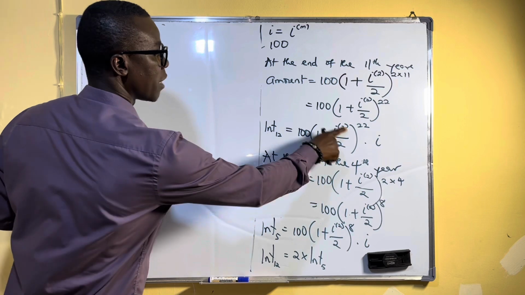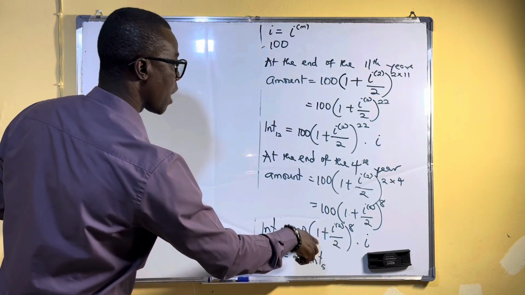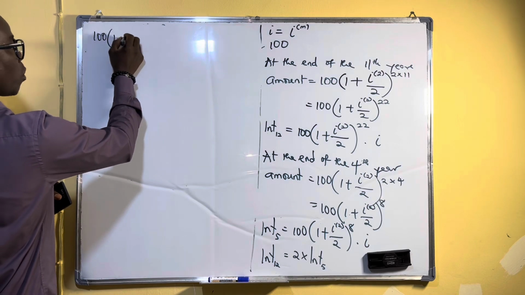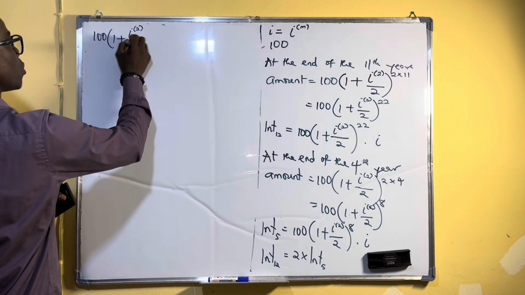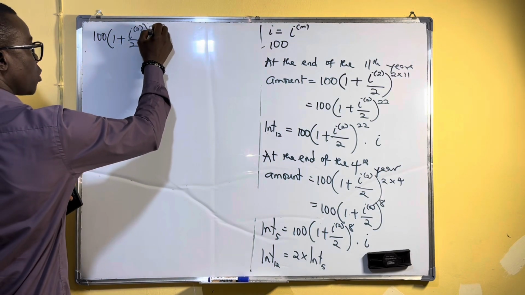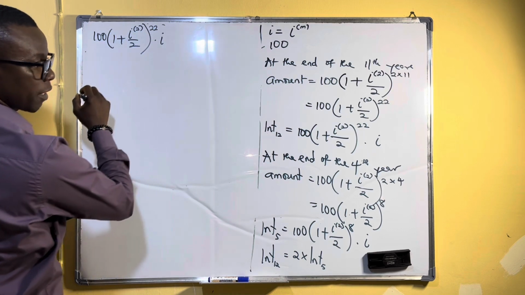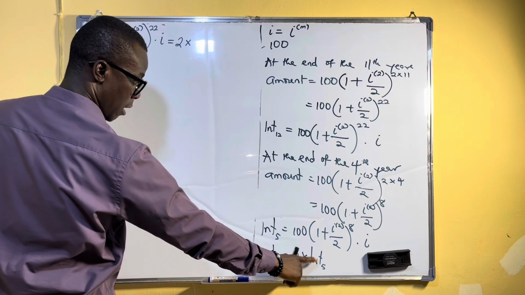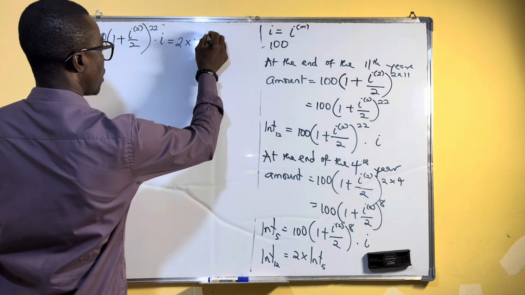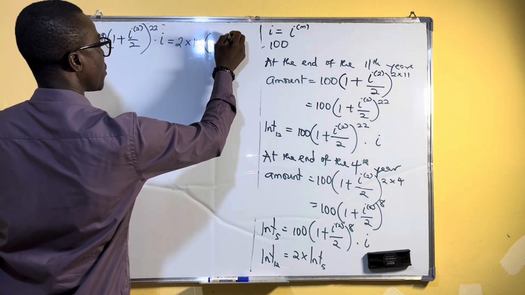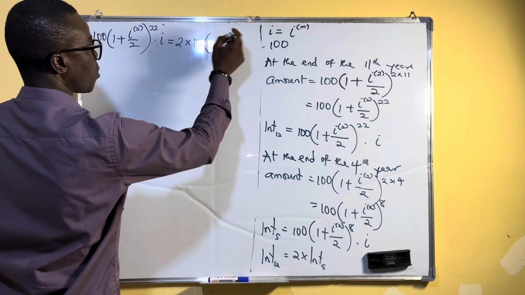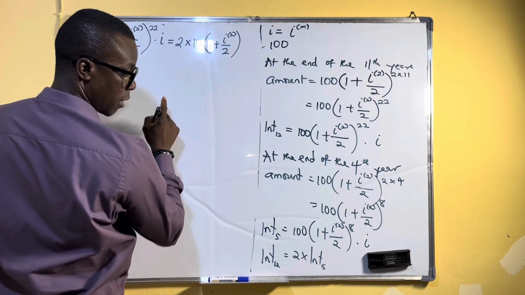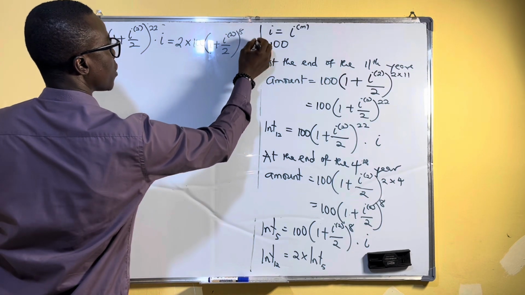So this will be equal to 2 times this. So I'm going to have 100 into (1 plus i^(2)/2) raised to power 22 times i, and that will be equal to 2 times 100 into (1 plus i^(2)/2) raised to power 8 times i.